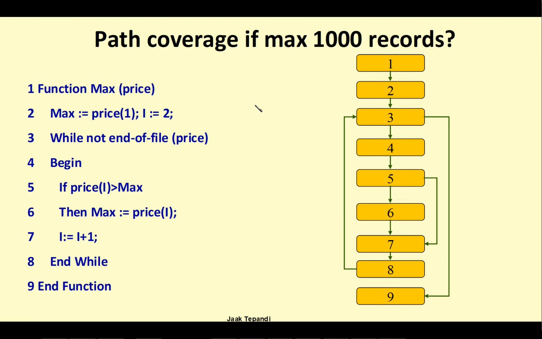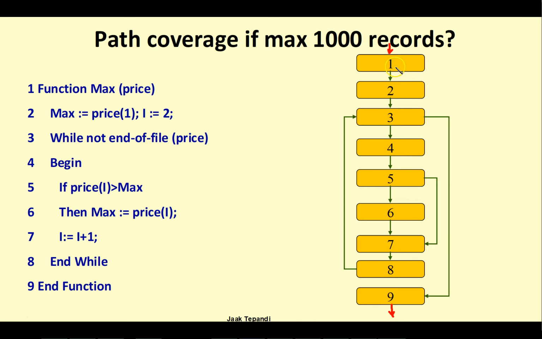The final coverage criterion we consider is path coverage, which states that all paths in a program graph should be executed. So we should understand what is a path in the program graph. A path is a sequence of nodes in the graph that starts from the start node and finishes at the exit node.